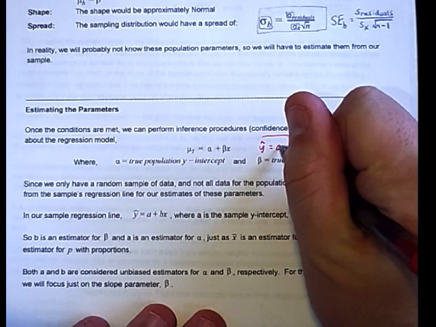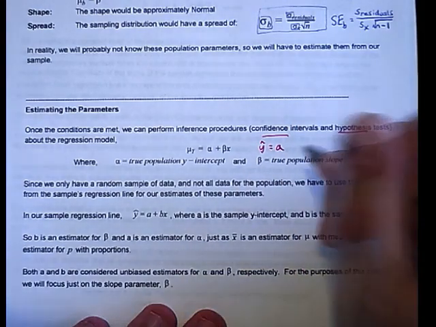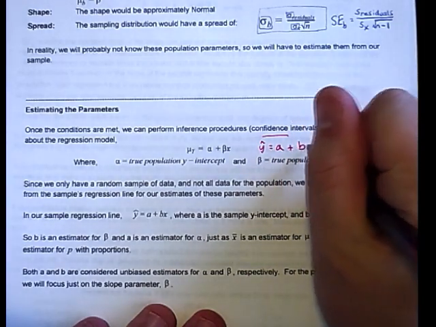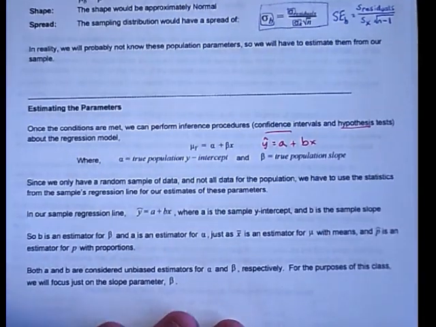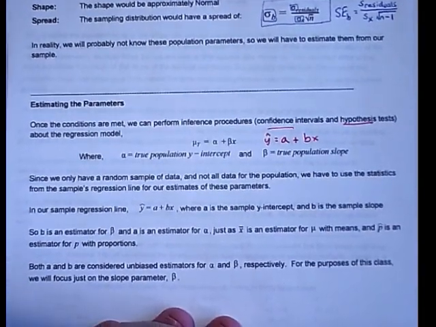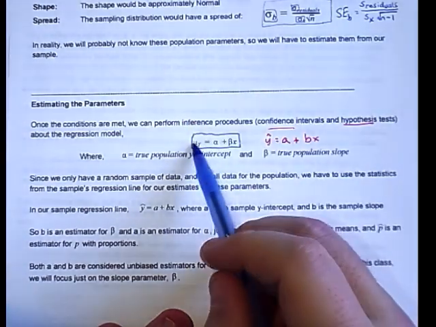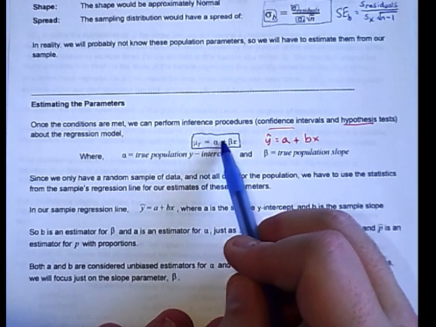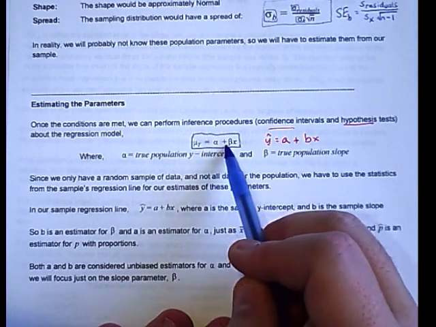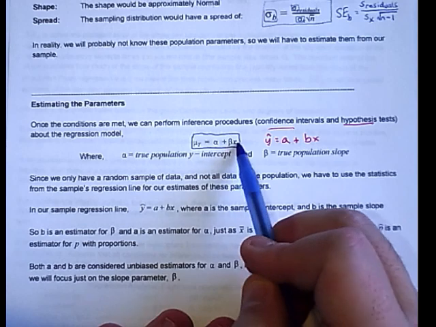We get a sample y-intercept, we get a sample slope times x. But if we looked at everybody, then we would get true y equals the true y-intercept plus the true slope times x.